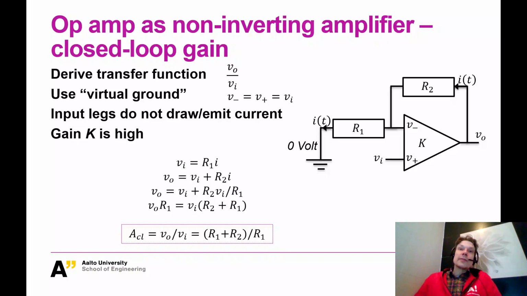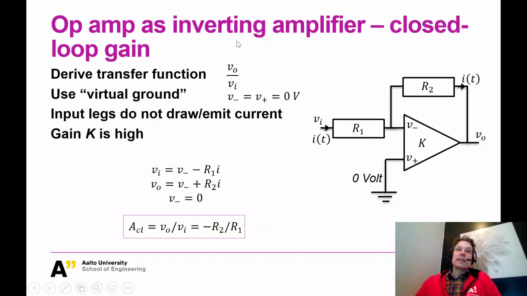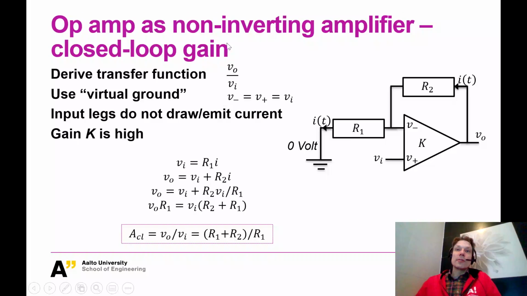But let's look at another. If this was an inverting amplifier, now we have a non-inverting amplifier. So we can again derive the transfer function. Now our input goes here, and this leg immediately follows the input if we keep the same rule that the voltage must be the same.